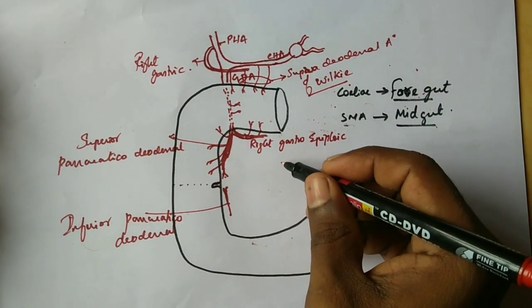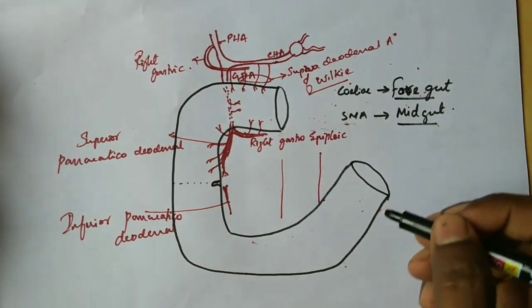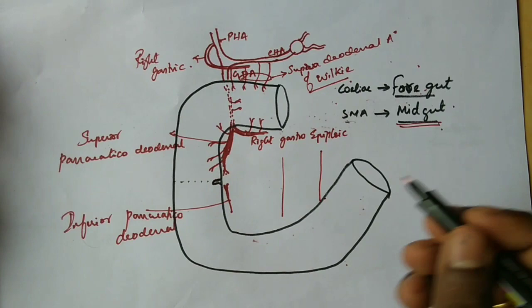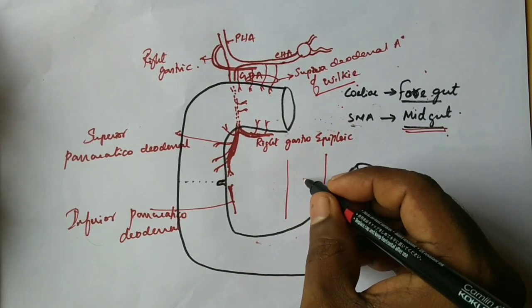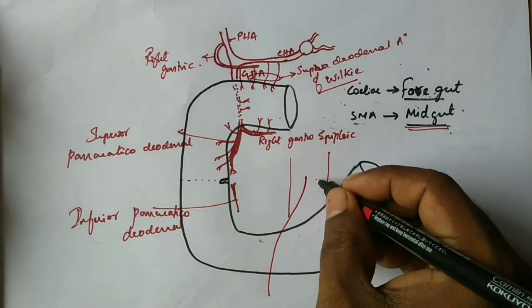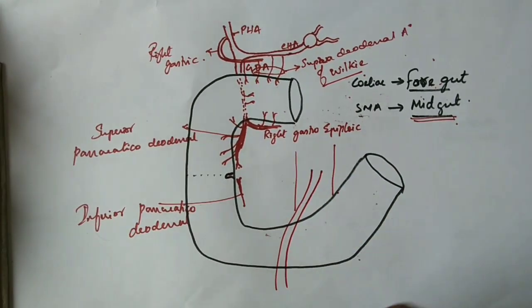Next we will see the blood supply of the duodenum which is derived from midgut. The artery of the midgut is the superior mesenteric artery.